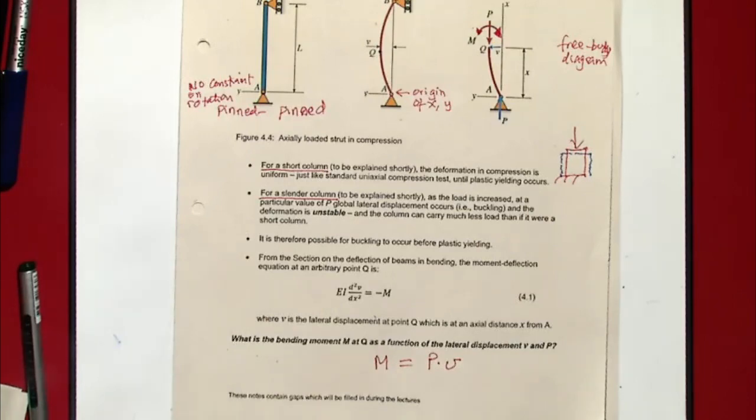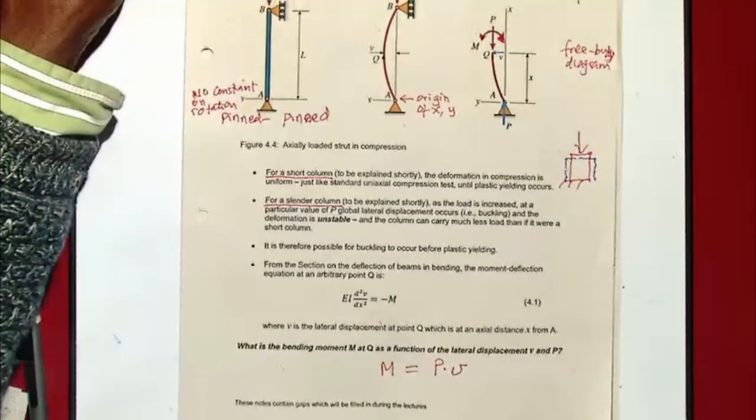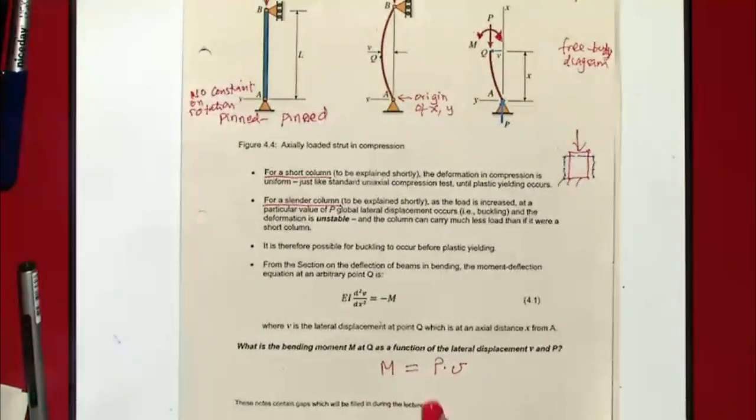Remember, our aim is to find the value of P that is going to cause that type of failure mode, and you will see it's not a very long derivation. We are assuming that V is very small. So instead of M, I'm going to put load P and the magnitude of the movement V, and do the integration and find what P is.